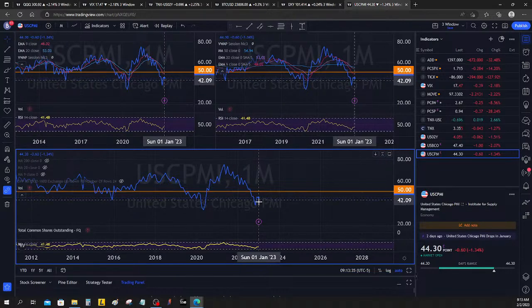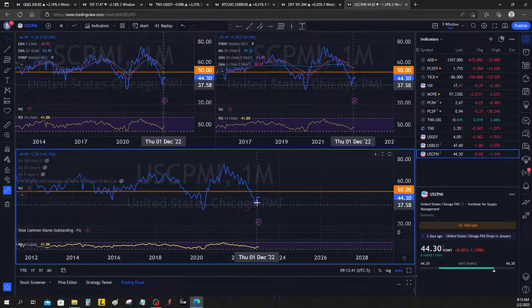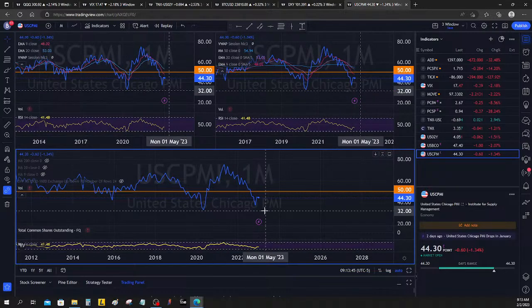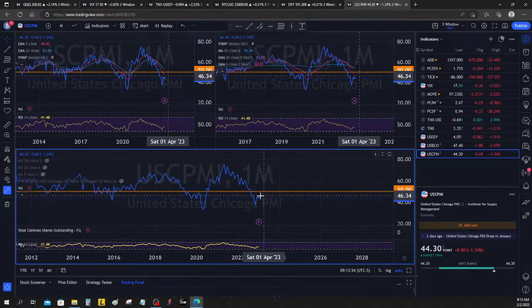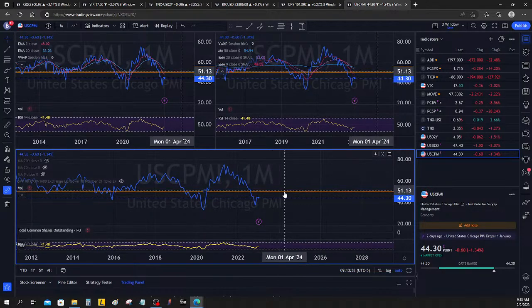Even though it does look as though it's put in a bottom, kind of like the way it looks in 2020 and so forth, is that the bottom, or is that a pop up for a further move down in PMI? I don't know. However, regardless of whether it's bottomed or not, it's still a reading below 50, which is an economy in contraction.